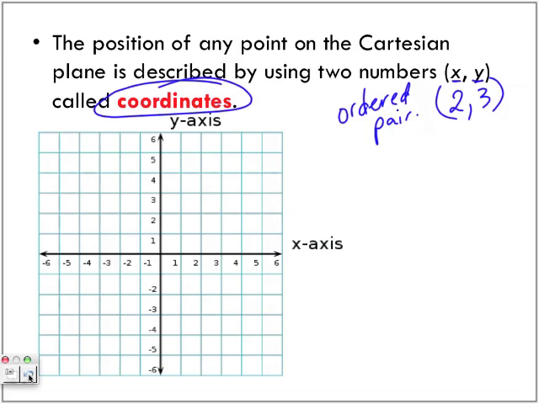So we've got coordinates, and the coordinates here are 2 and 3. Or the ordered pair is 2 and 3. So you should know this terminology: coordinates, ordered pairs. Another term you should know, Cartesian plane. And that represents this here, y-axis, and this x-axis.